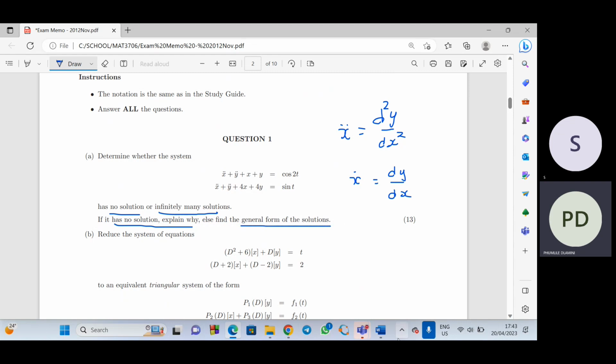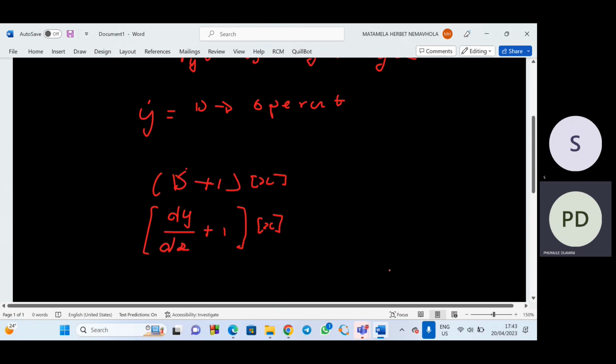So now I'm going to rewrite it in my Word document.